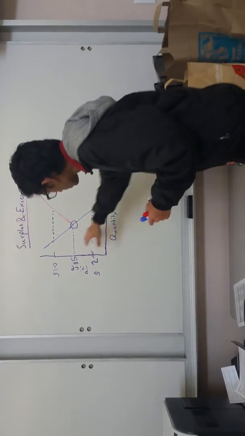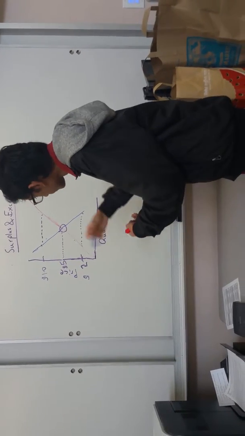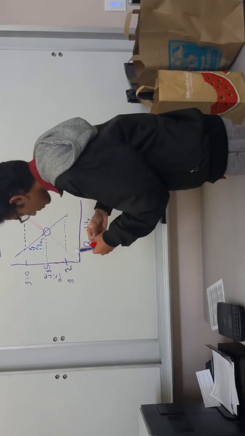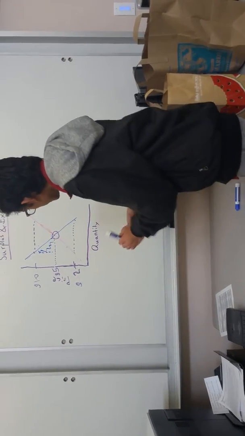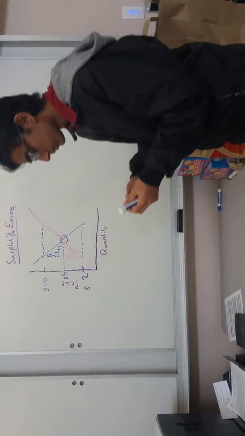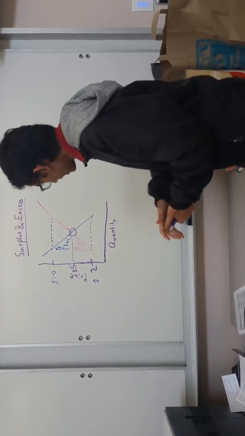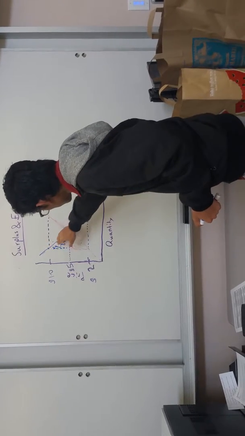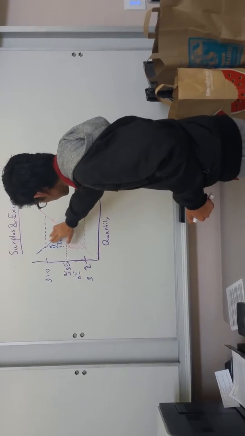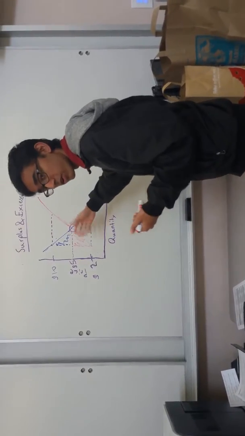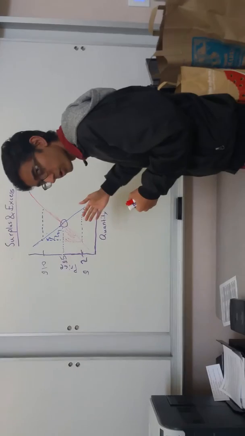Now, at the equilibrium price, you also have consumer surplus, and you have producer surplus. So with consumer surplus, all the consumers above this line are willing to pay more than $5 for the good, because that's how much they value it.